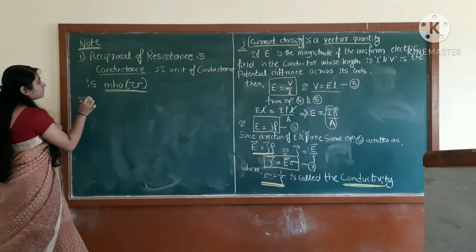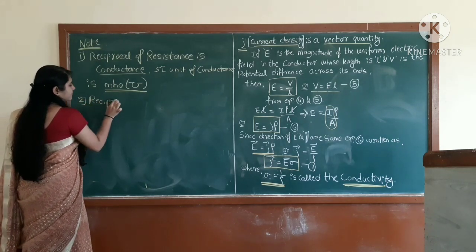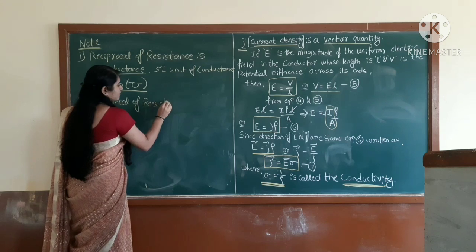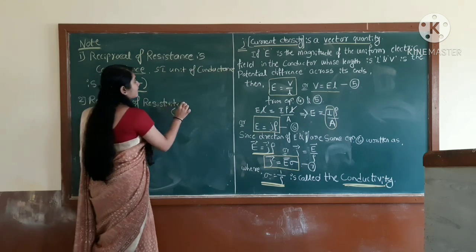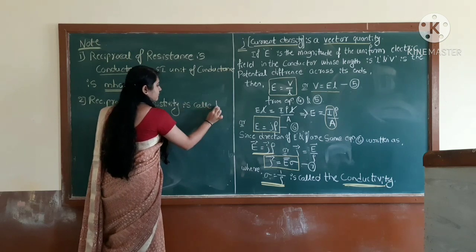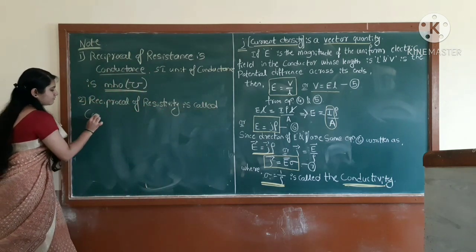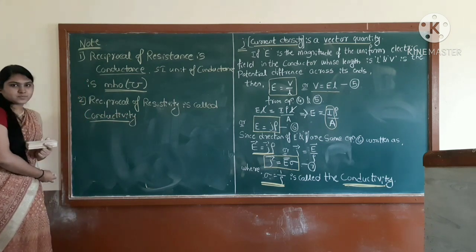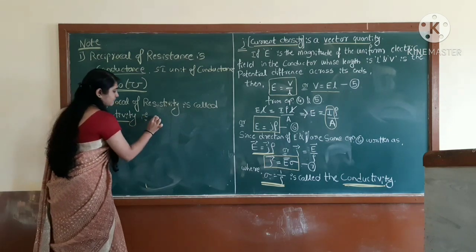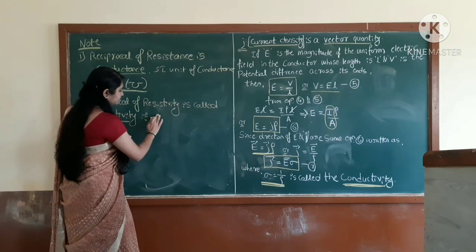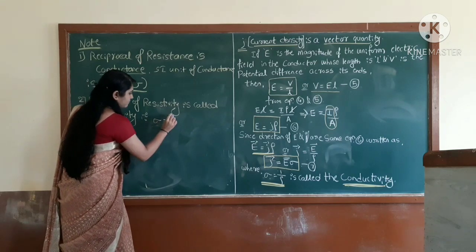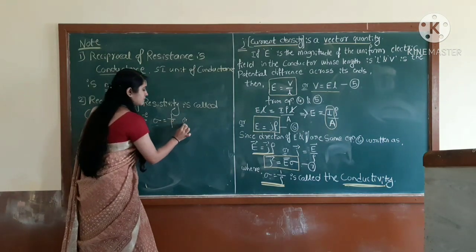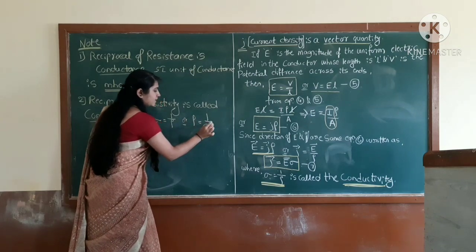The reciprocal of resistivity is called conductivity, or else rho is equal to 1 by conductance.